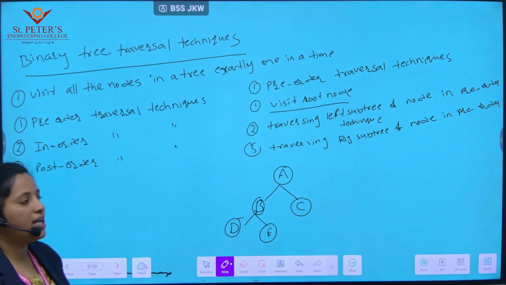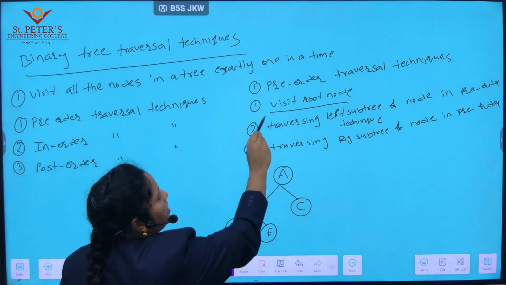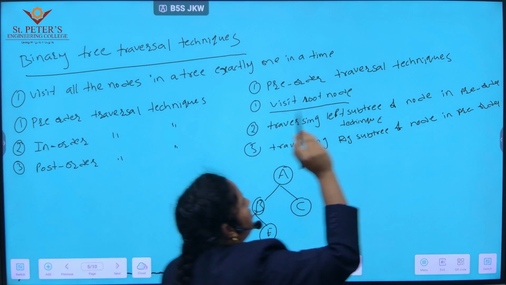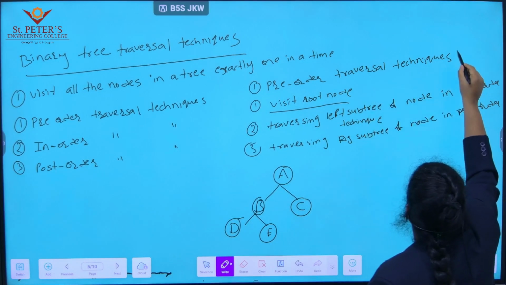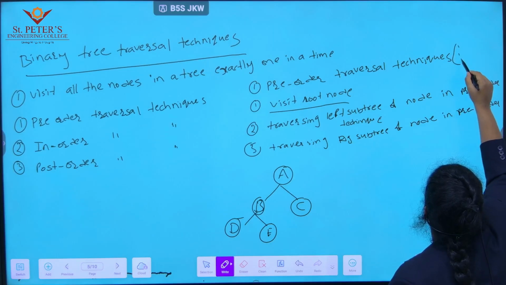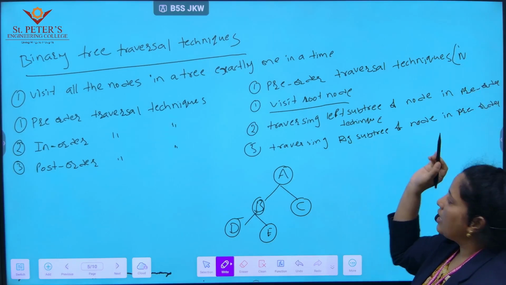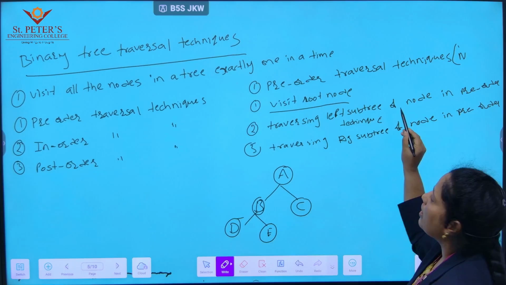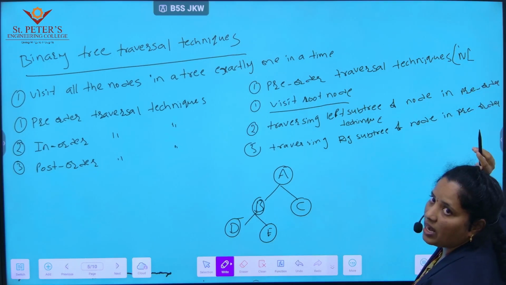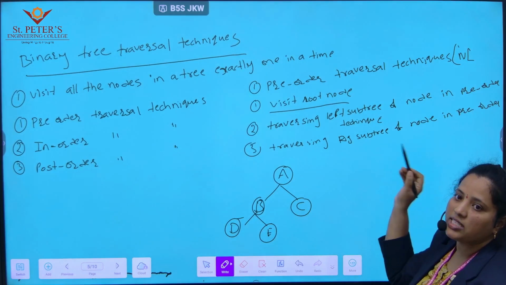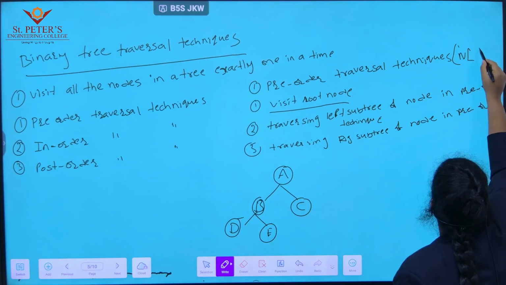So that means first visit the root node. So this is for remembering purpose. First visit the root node, and next is traversing left subtree, and next is traversing right subtree.